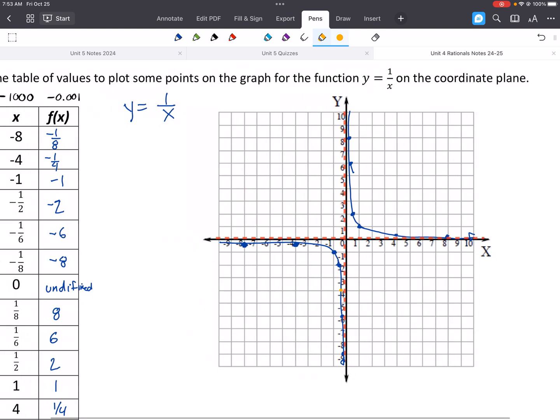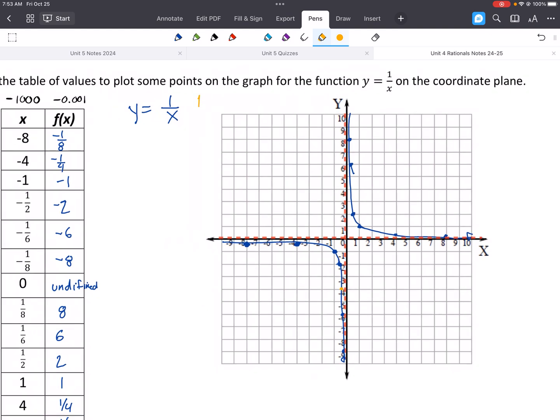Why? Because when you are dividing something, 1 divided by something really small is going to give you something really big. So 1 divided by 0.001 would end up giving us 1,000. The x value is super close to that y-axis, but its y value goes super high.